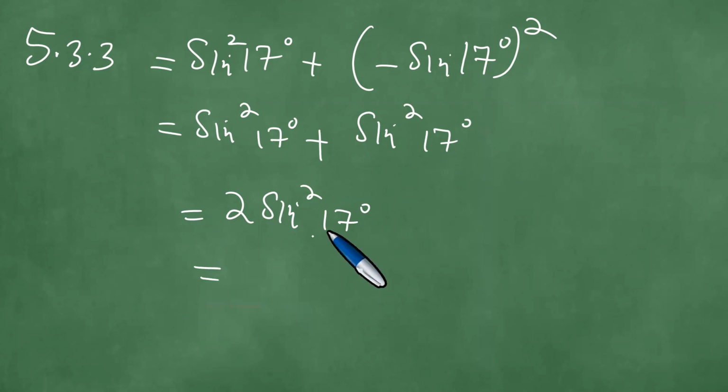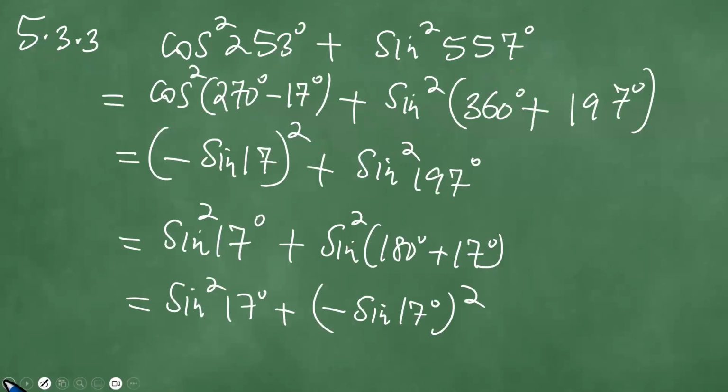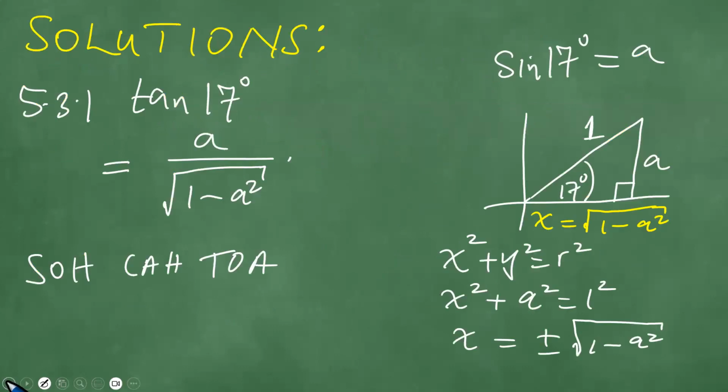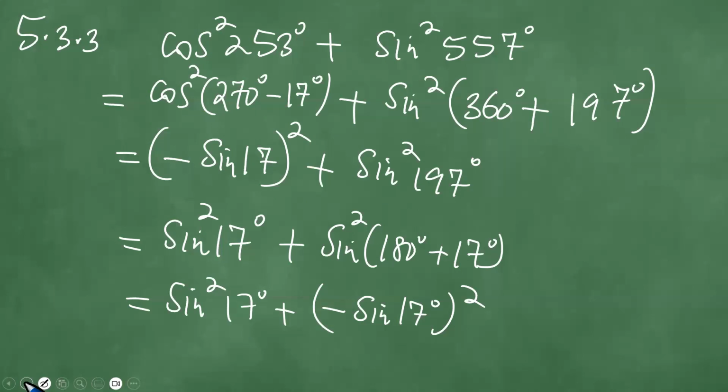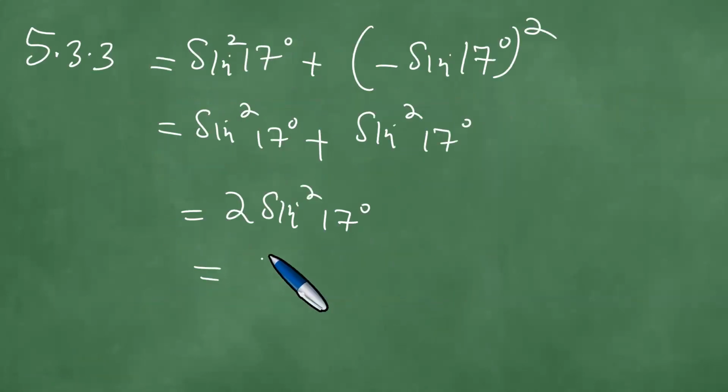Okay, what is the sine of 17 degrees from the diagram? Let's check. We know that the sine of 17 degrees is A. So this equals 2a squared.